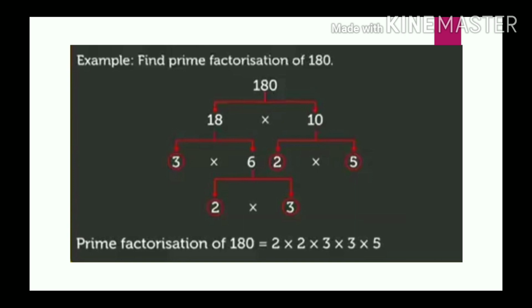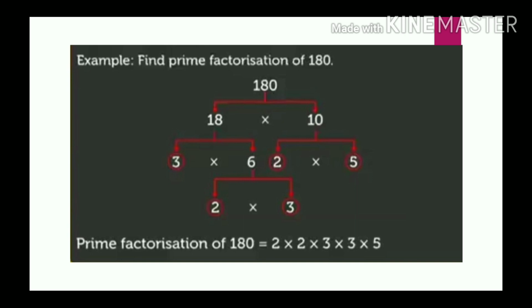Now 18 is a composite number and 10 is also a composite number, which means we have to divide these again. 18 is divided into 3 and 6, since 3 multiplied by 6 is equal to 18, and for 10 you multiply 2 into 5, which gives you 10.